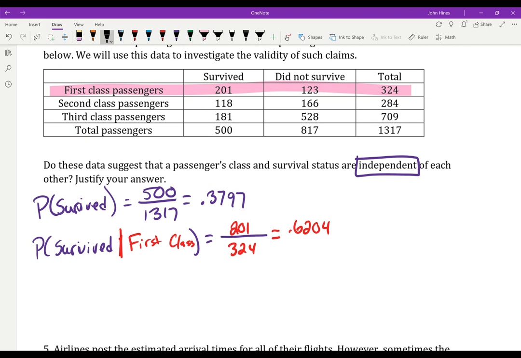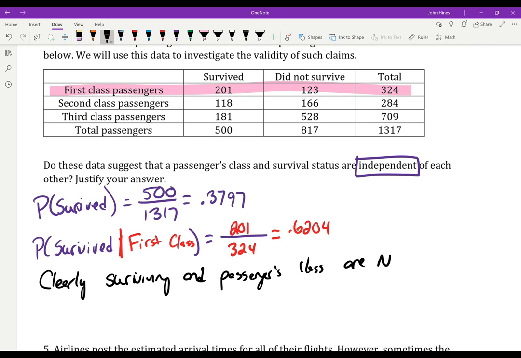Clearly, these events are not independent. Clearly, surviving and passenger class are not independent.